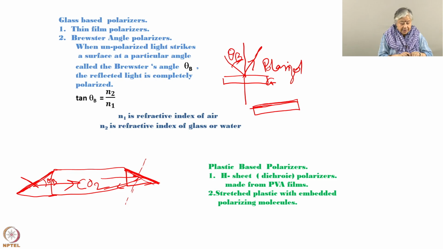So, it just goes up and down and there is very little loss here. So, that is the idea of putting a Brewster angle plate. So, what I can see here is that even a Brewster angled plate acts like a polarizer. So, you can have two Brewster angled plates and make it work as a polarizer and analyzer.